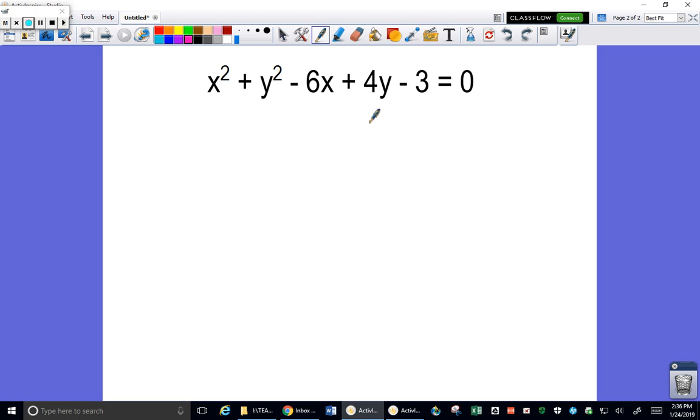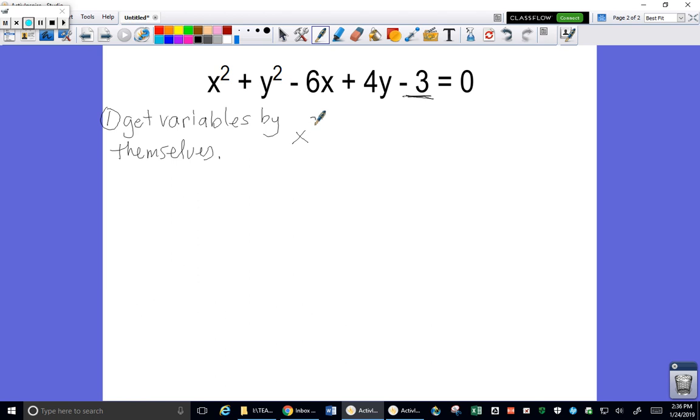Step number 1: get the variable stuff by themselves. That means move any numbers that we might have to the other side of the equal sign, in order to get the variables by themselves.